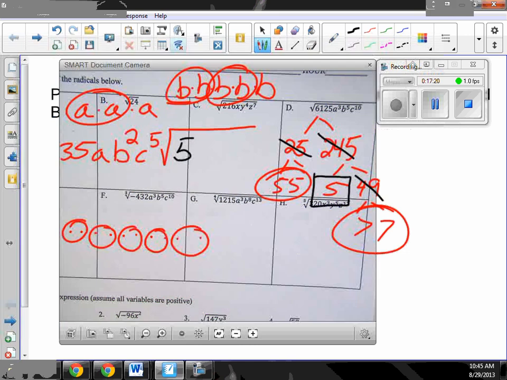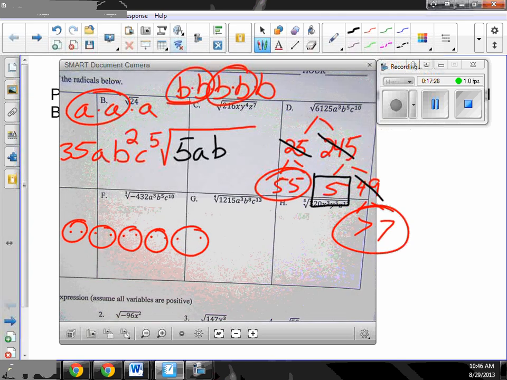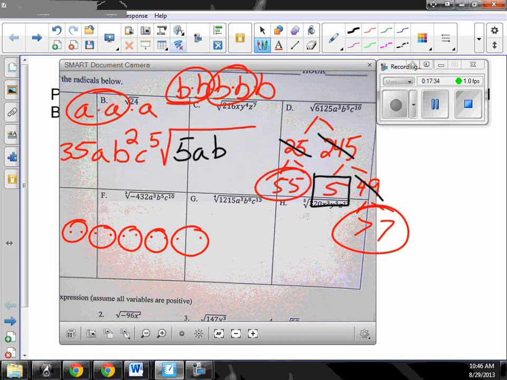So this is A. Did I leave any B's behind? 1B. Did I leave any C's behind? No. So that is my answer. And I know it looks more complicated than the original, but as we go on, you'll need to be able to simplify these in order to make the problems easier and to find a more usable number.